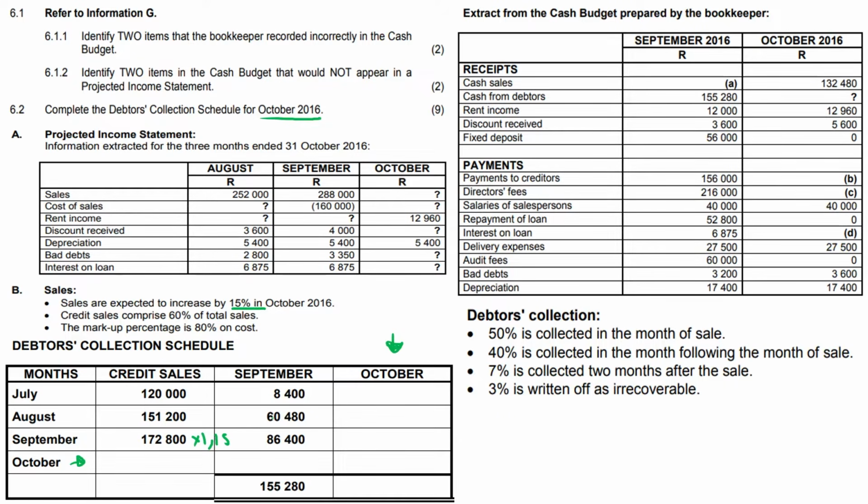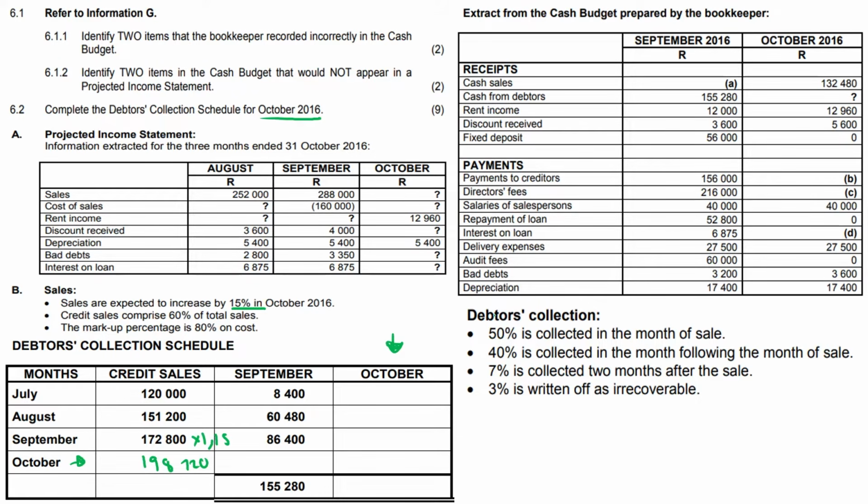I know some of you would just prefer to multiply it by 15%, so 172,800 times 15%, and you add that amount back to the 172,800. Look, whatever floats your boat, my friend. I like to do it all in one step. I think it's easier, it's more efficient, it minimizes the chance of error, and that is how I like to do accounting and math. So, as long as you get that answer.